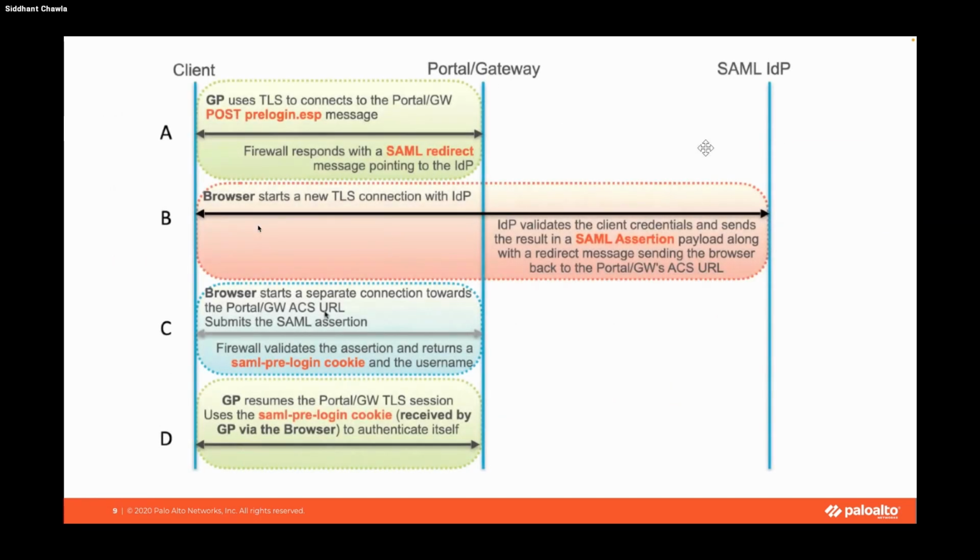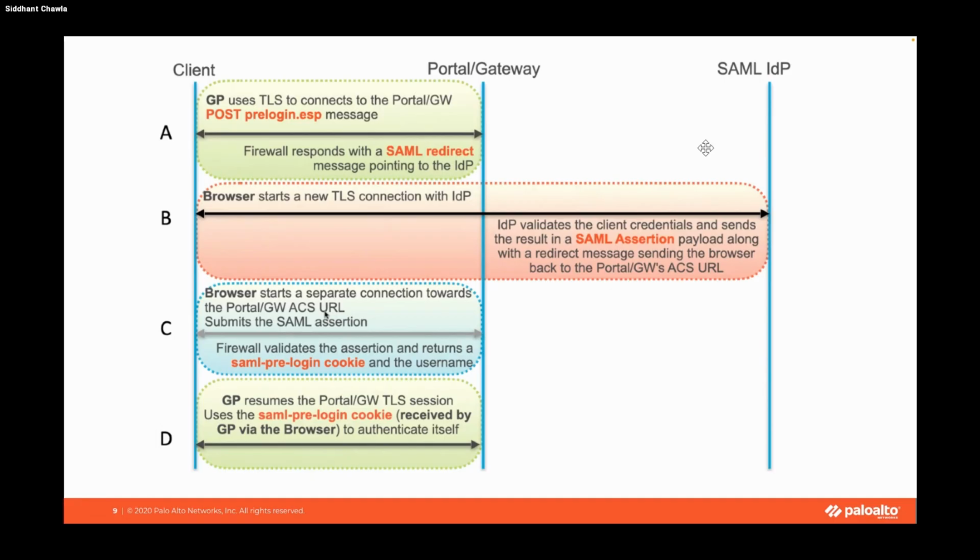So this is the flow between the client, portal and IDP, showing how a client will initiate a connection. The client where the GP application is installed uses TLS to connect to the portal gateway. Here we'll see a post pre-login ESP message. Then from the firewall, we'll see a response with a SAML redirect message pointing to the IDP. Then the browser on the client will start a new TLS connection with the IDP.